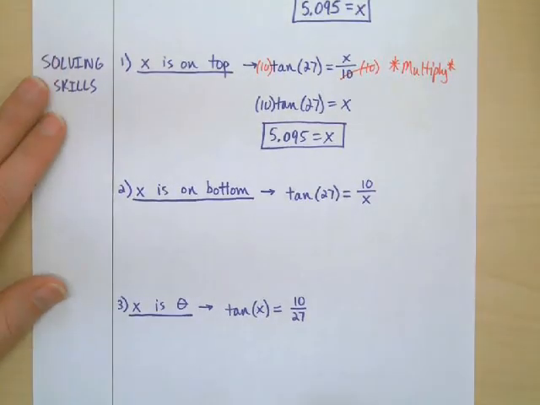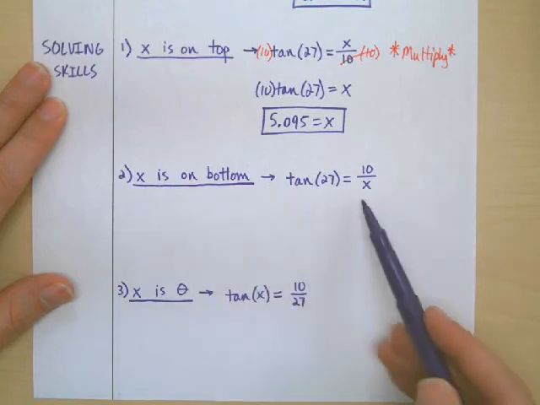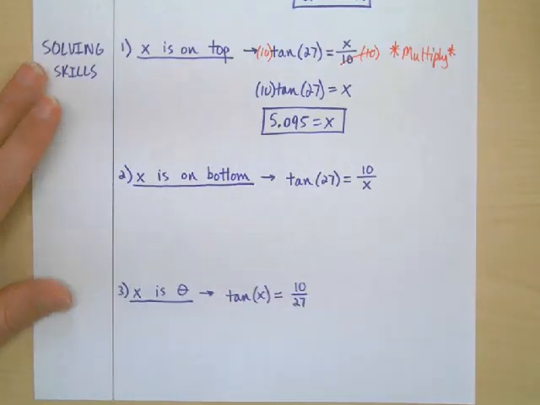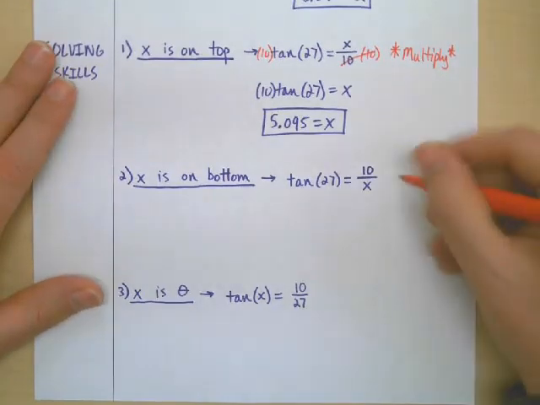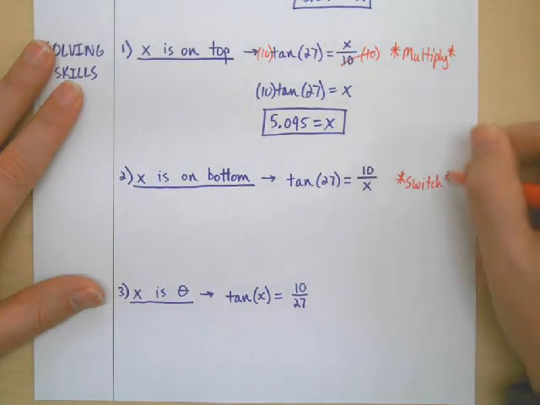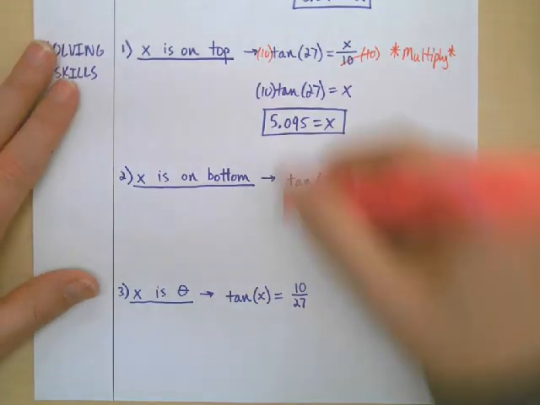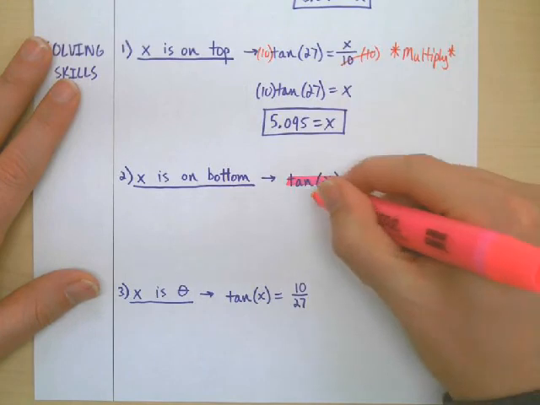But x could be on bottom. I rearranged the example just for the heck of it. I put x on bottom. When x is on bottom, we are going to switch. Here's how you switch. You take tan 27, you take x, and you switch places.